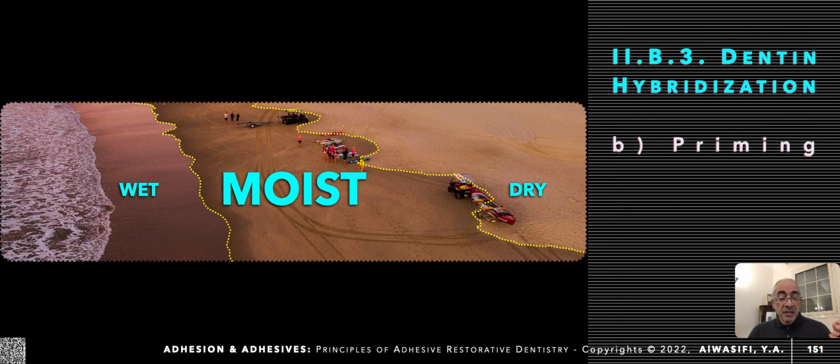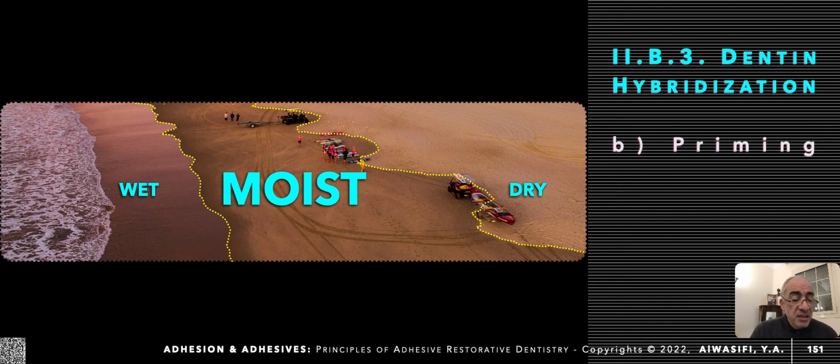It has a little bit of water that lets the sand be firm, and at the same time a proper temperature that suits their activities. The same for us. We need dentin not to be wet, not to be dry, we need it to be moist. It's a compromised phase suitable for dry bonding and suitable for wet bonding.